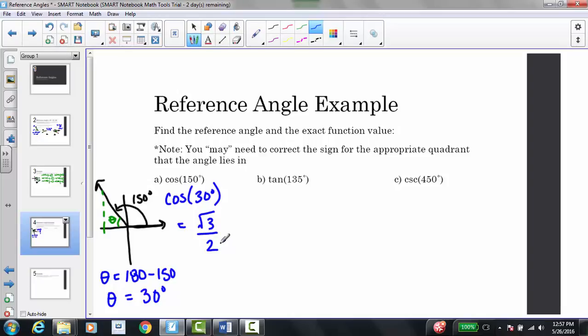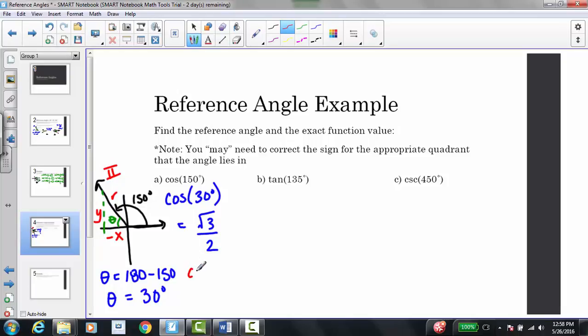So cosine of 30 degrees is in quadrant 1, which makes the sign of all of the trigonometric function values positive. But we are with 150 degrees in quadrant 2. And in quadrant 2, I have a negative x value, a positive y value, and a positive r value.